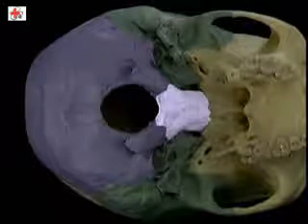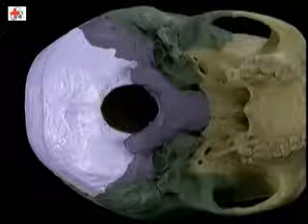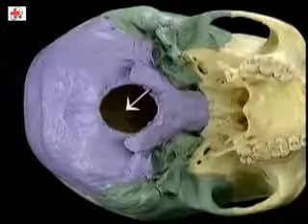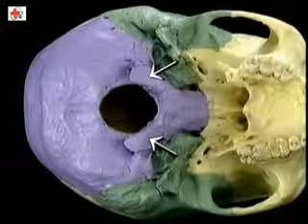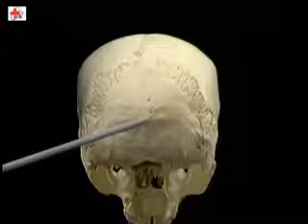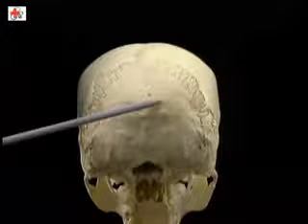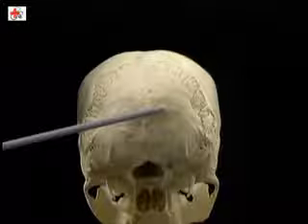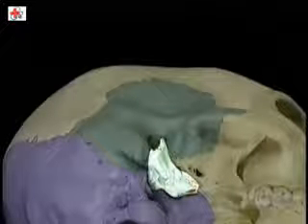Here are the basal part and the squamous part of the occipital bone. The foramen magnum, the occipital condyles, the external occipital protuberance, the superior and inferior nuchal lines. On the temporal bone, here's the petrous part and the squamous part.